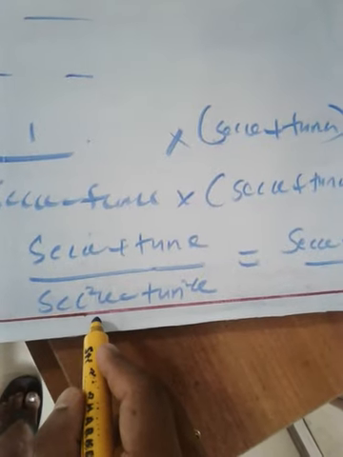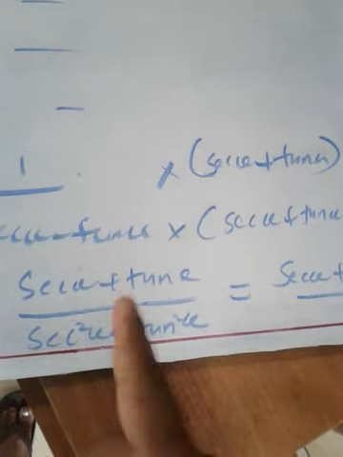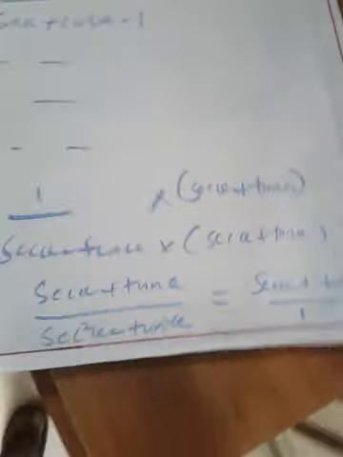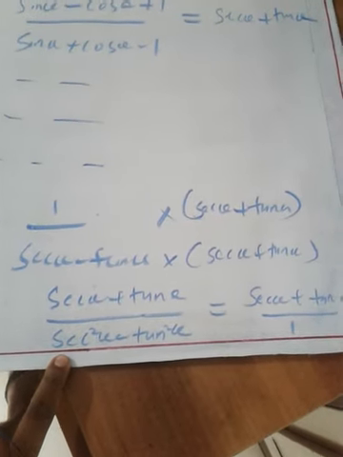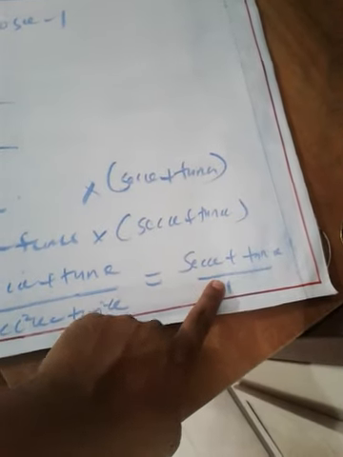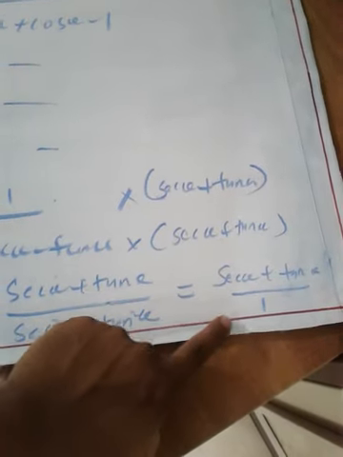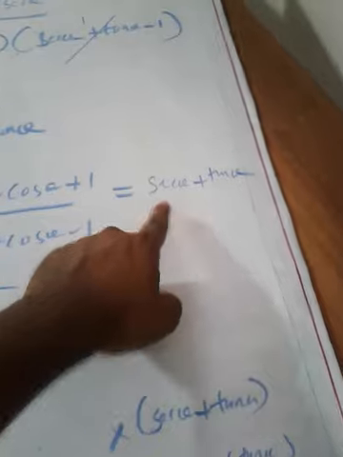From the identity 1 plus tan square theta is equal to sec square theta, sec square theta minus tan square theta will be 1. So sec theta plus tan theta by 1 is sec theta plus tan theta. We reached there.